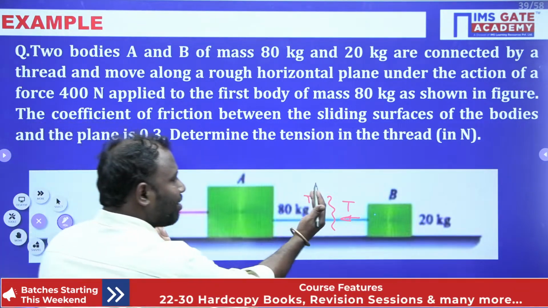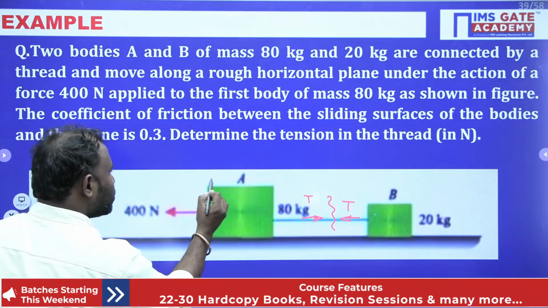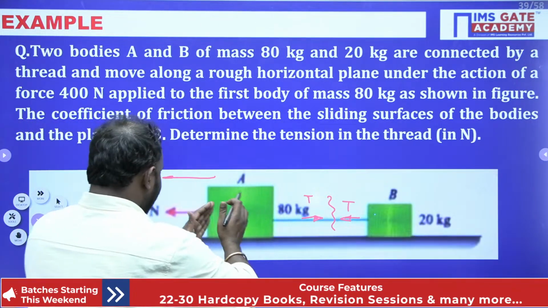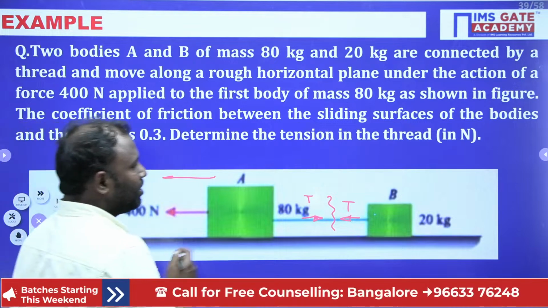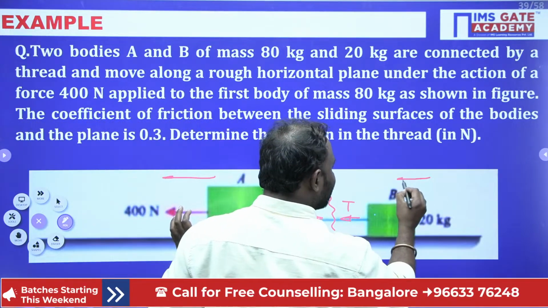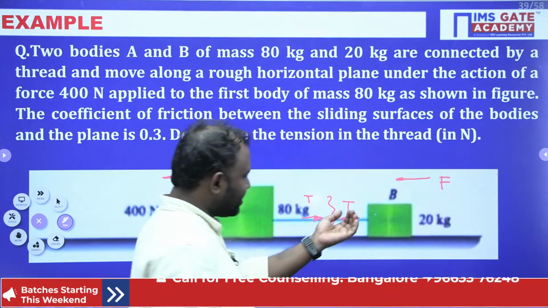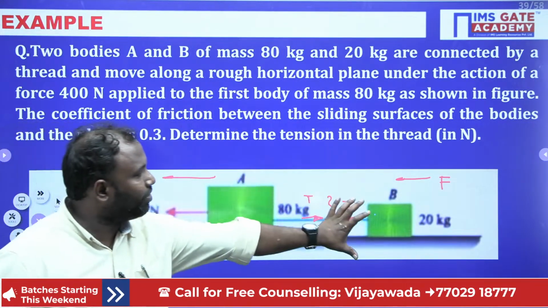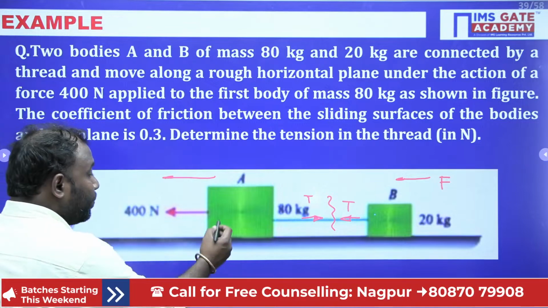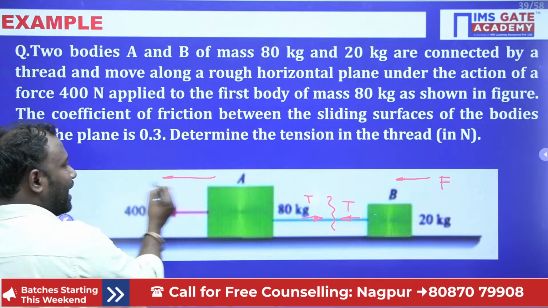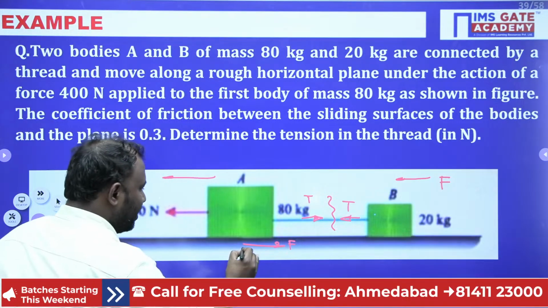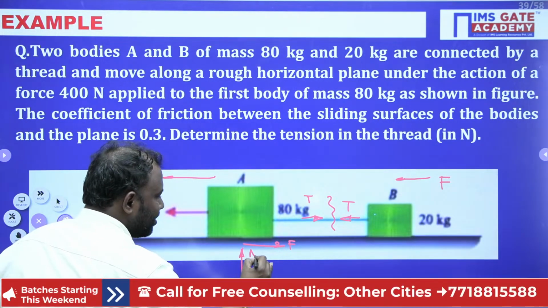So whenever I cut this thread, this body moves in this direction, right? Because the 80 kg body is pulled by the force on this side. Now this body is also moving in this direction, as the tension pulls this body in this direction. Now draw the separate free body diagrams, and if the direction of motion is in this direction, my friction force acts here and the normal force acts here.